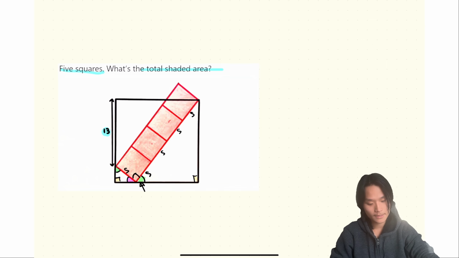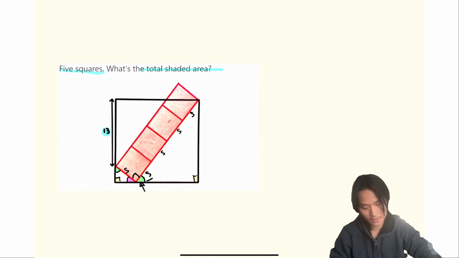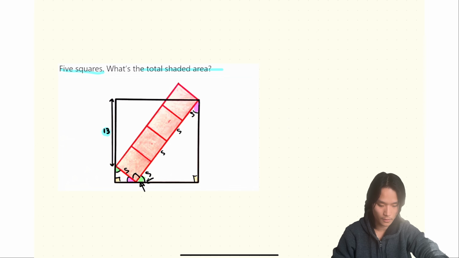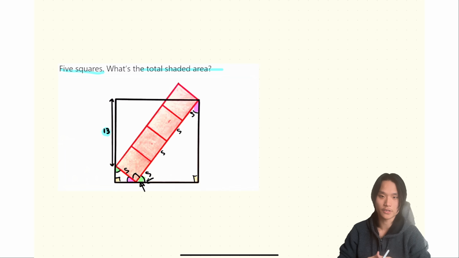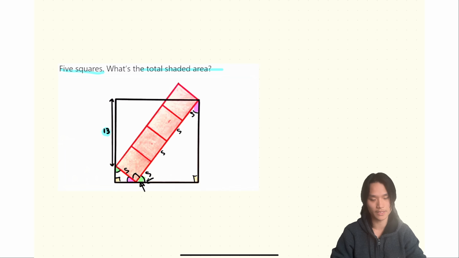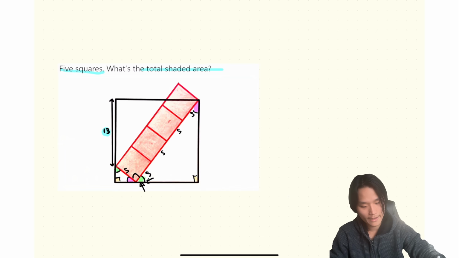Now, naturally, if this is the green angle, then we can also find what this angle is. It's very simple. It has to be the purple angle because the sum of angles of a triangle is 180 degrees. So what we have now are in fact two similar triangles.